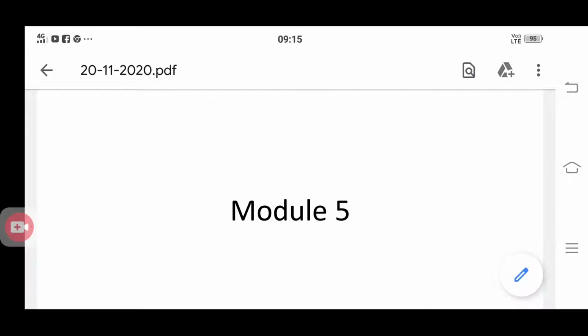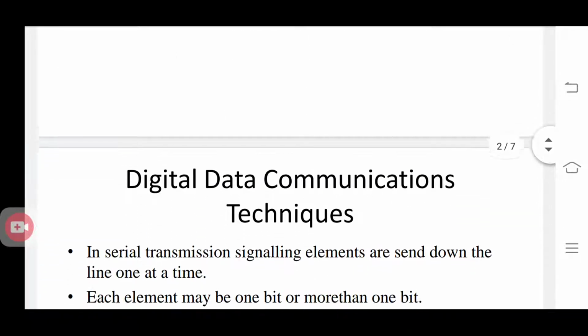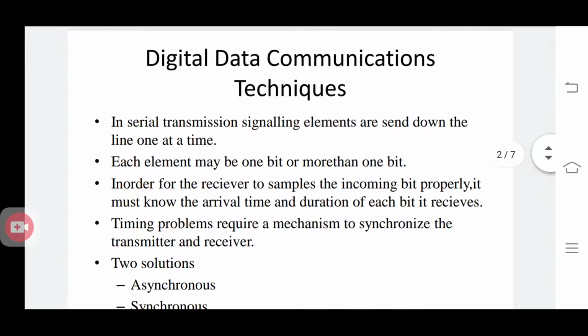Today we can move on to module 5, digital data communication techniques. Already we had studied multiplexing technologies in the fourth module.